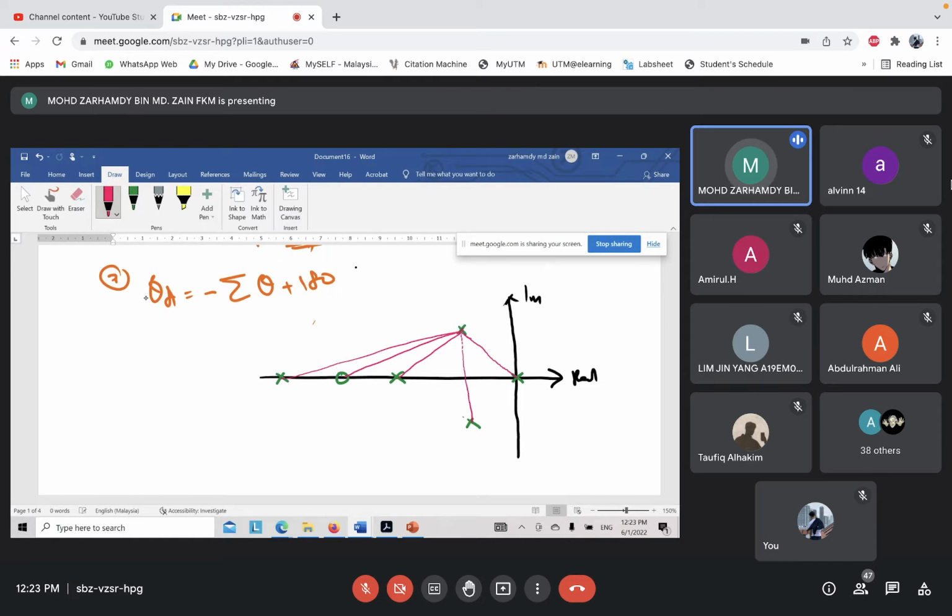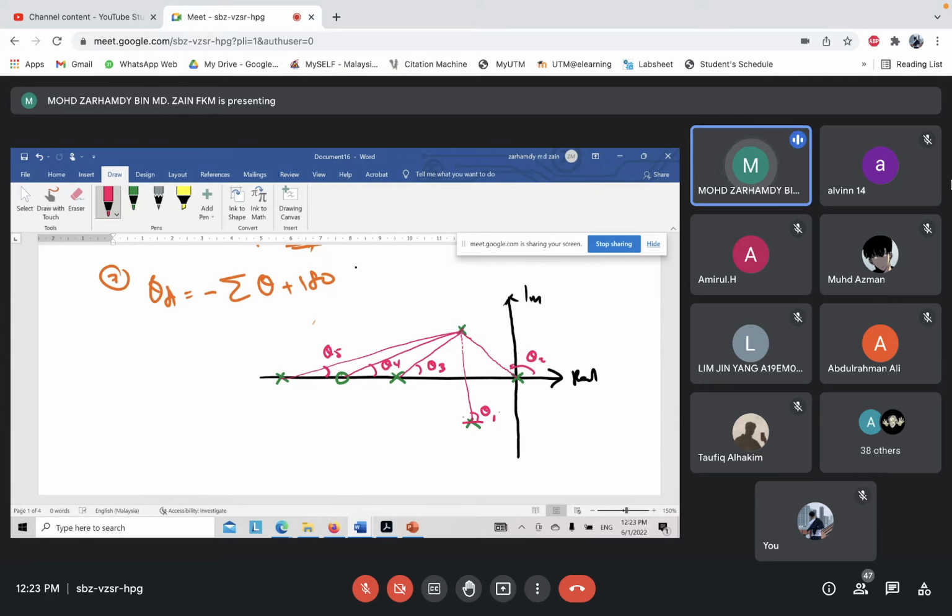You can name them delta 1, delta 2, delta 3, delta 4, delta 5. Then use your protractor to find the angle of delta 1, delta 2, delta 3, delta 4 and delta 5.